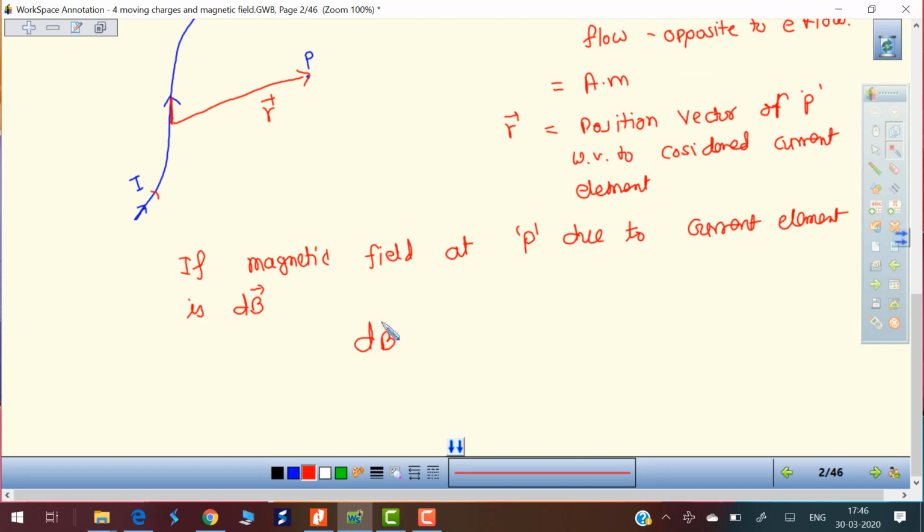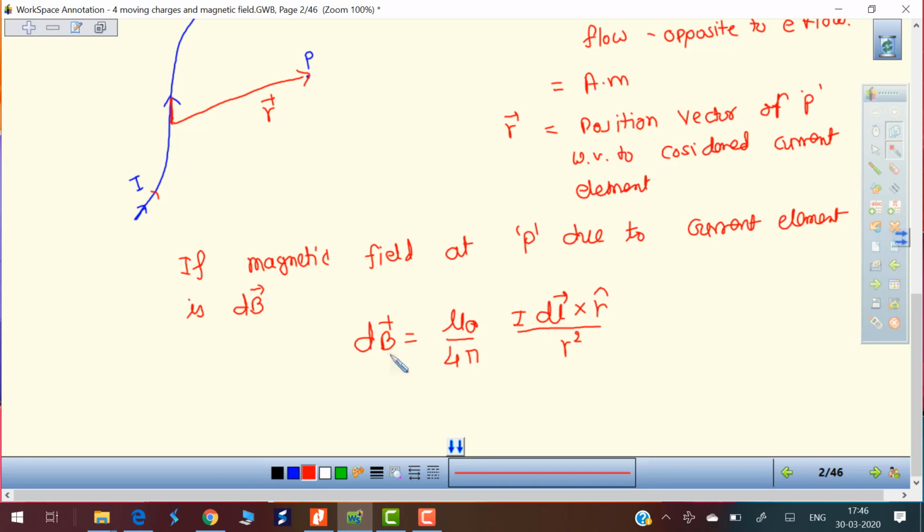dB is given by mu 0 upon 4 pi, IDL cross R upon R square. This is given without proof.